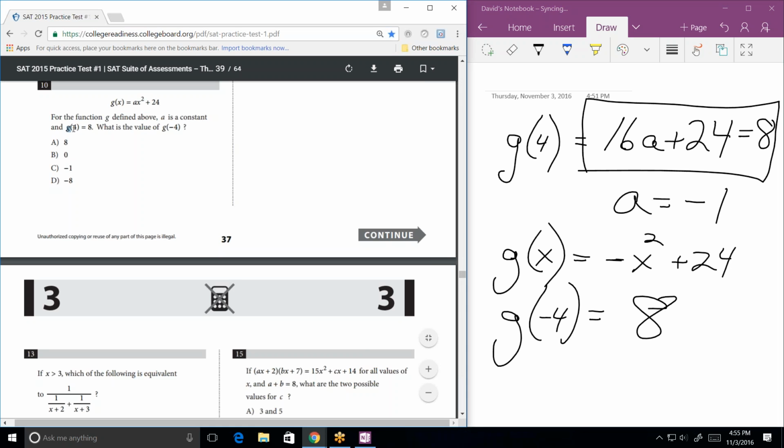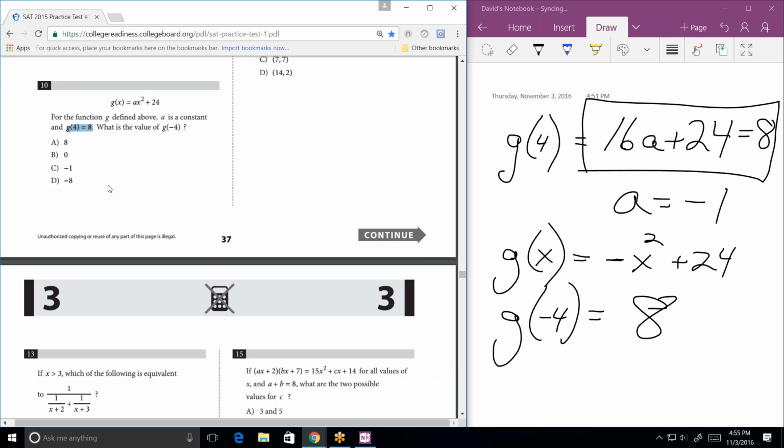You can almost be certain you've got to do something with that before you can solve this problem. Not that they're beyond giving you irrelevant information in the problem. They certainly are capable of that. But this doesn't look like one of those cases. This looks like you have to use this information to do something before you can solve for this over here.